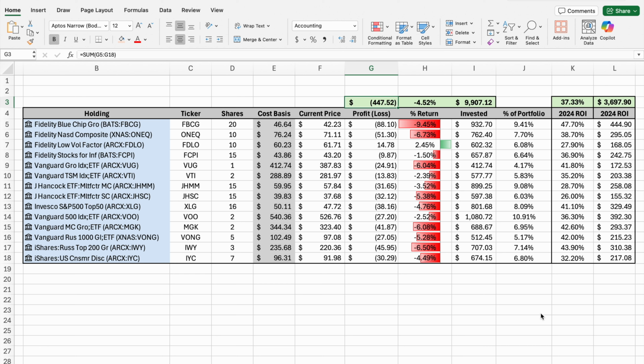The video frequency on my channel has been a little bit less over the last week, and I've combined all three accounts into two overall summary videos. The reason I've done that is because in a bear market, there's really not a lot of updates, right? You can see on the screen that this growth account is quite significantly in the red, showing a negative total return on investment.